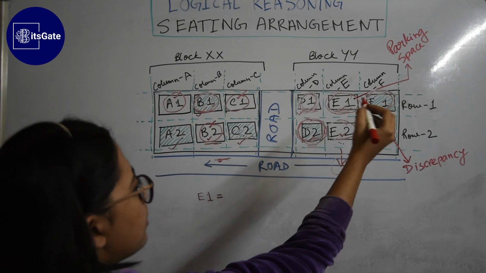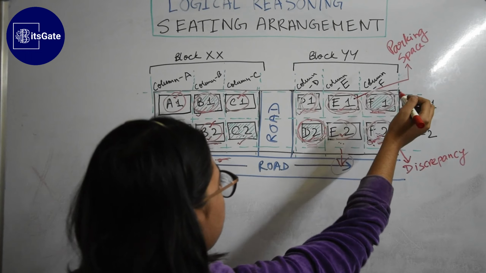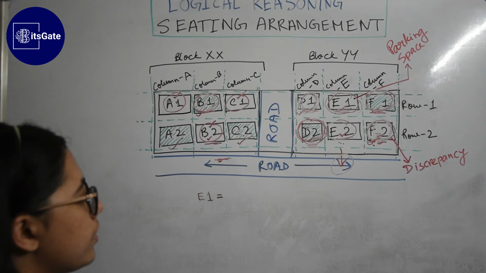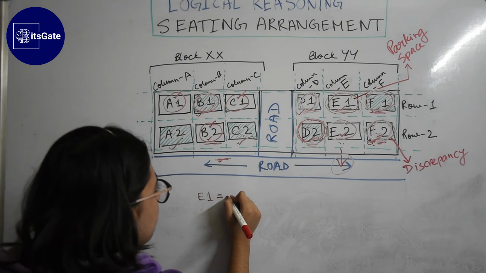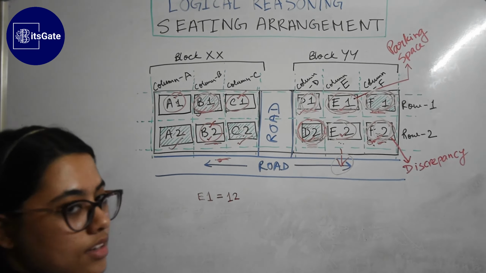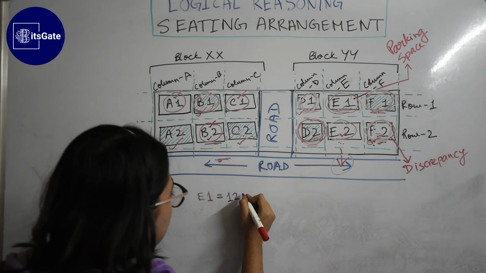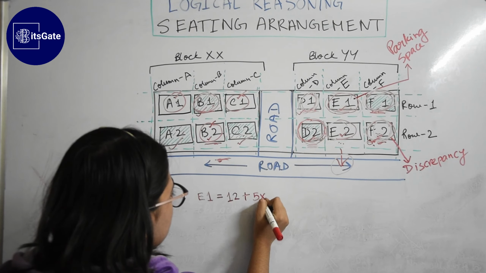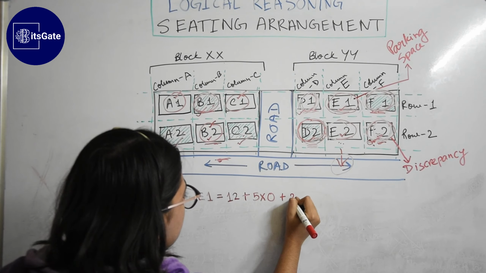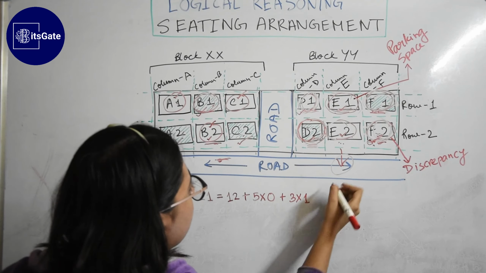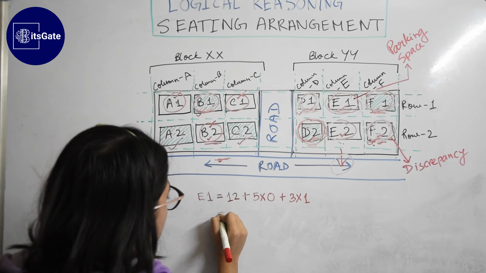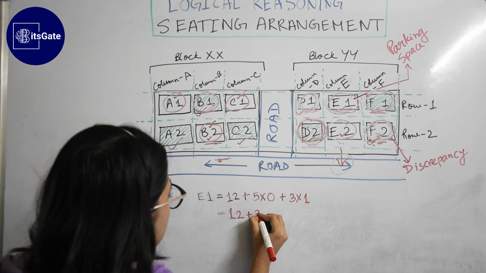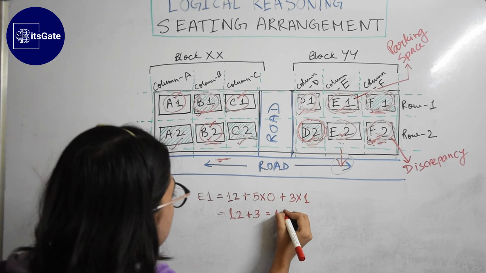So for E1, there is only one neighbor and there is no road. Then the price will be 12, since E1 has a parking space we know, plus 5 into 0 plus 3 into 1 for F1 equals 12 plus 3 equals 15.